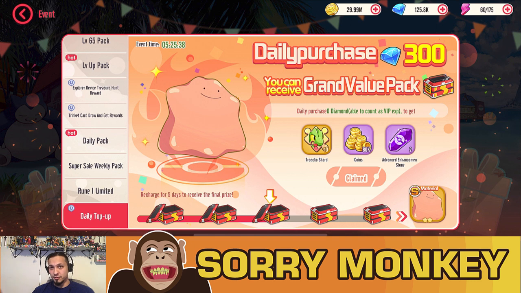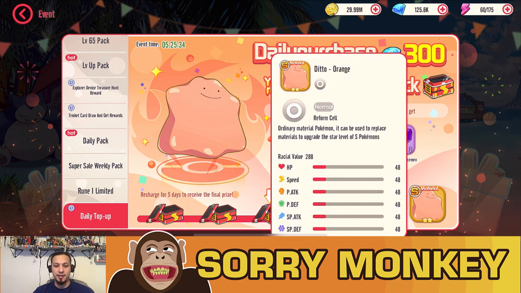On Monster Evolution Go, your final reward is a red Ditto, not an orange Ditto. So orange is for S rank Pokemon, red is for S plus. So S plus is going to be your legendaries, S is going to be your higher rank Pokemon, right?